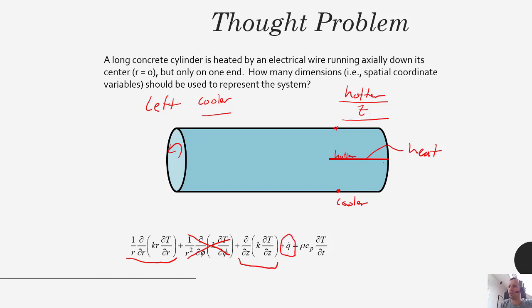We could treat it as having no dimension, or we could treat it as having some kind of space. But that's probably more than we need to worry about right now. We're also not told anything about whether it's steady state or not, so we probably should keep these terms. But really, the question just asks, in terms of dimensions, we need to keep the axial and the radial components, but we do not need to keep this angular component.